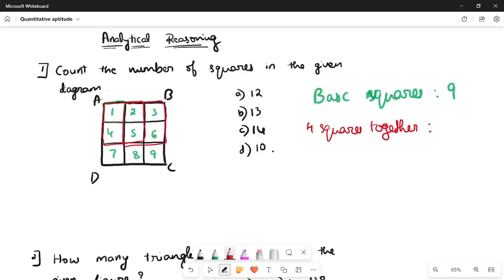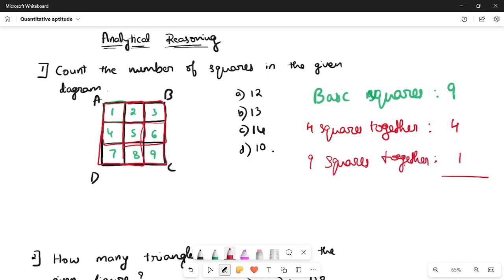And then I can even take 4, 5, 7, 8, so 3 more, then last one 5, 6, 8, 9. So there are 4 more when I consider 4 squares together. All together, I have all 9 squares. So when I consider 9 squares together, I'm getting 1 square.